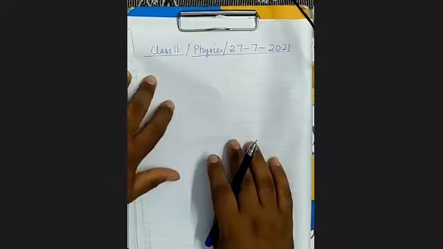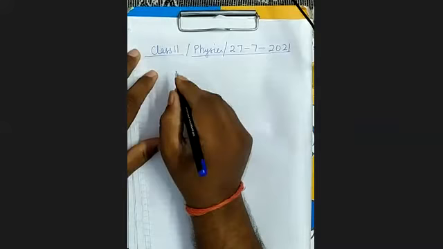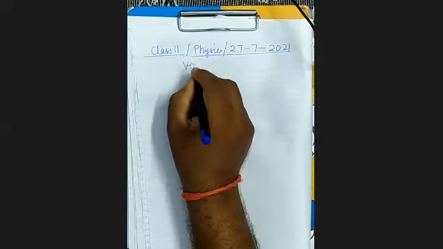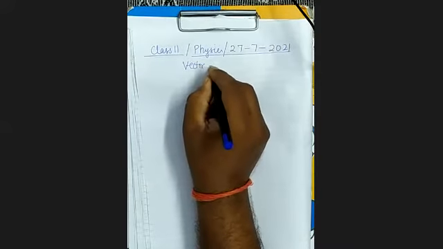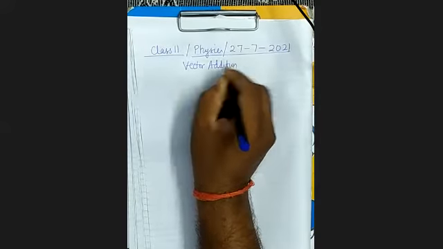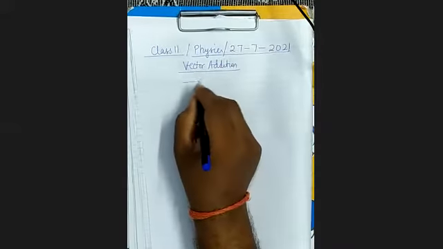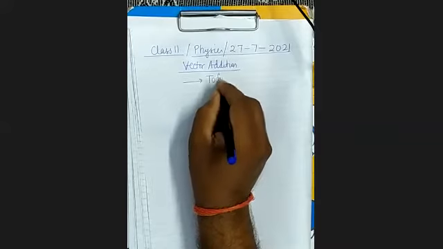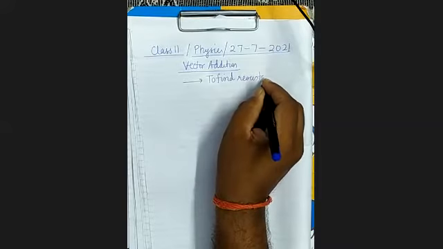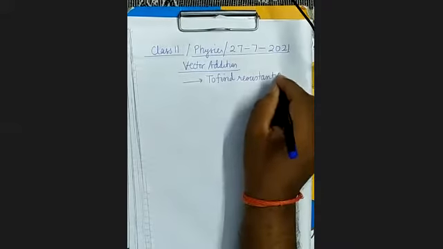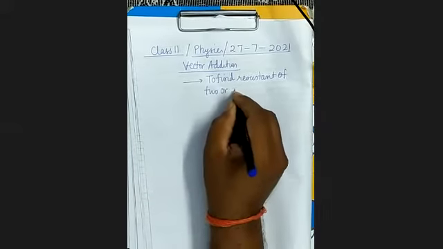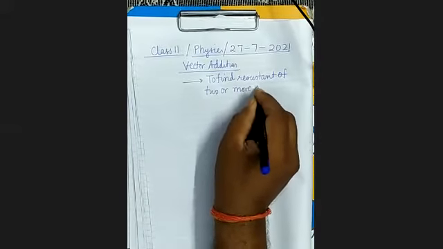So you can see here, vector addition. Vector addition means resultant. Vector addition means to find the resultant of two or more vectors.